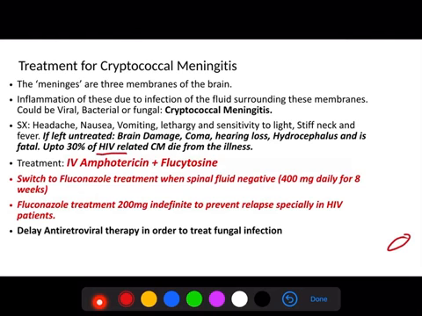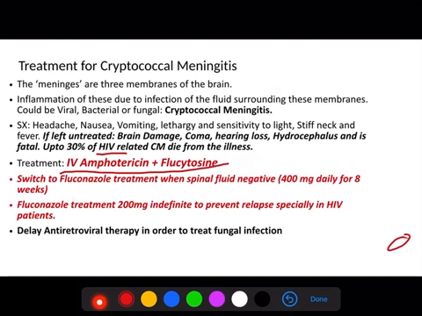Now let us talk about the pharmacology of Cryptococcus meningitis. You can treat cryptococcal meningitis with IV amphotericin and flucytosine. Both of these drugs we have talked about before in this session. Amphotericin B is an ergosterol binder and flucytosine is an antimetabolite. Then, it is important to consider the second line of treatment for cryptococcal meningitis.